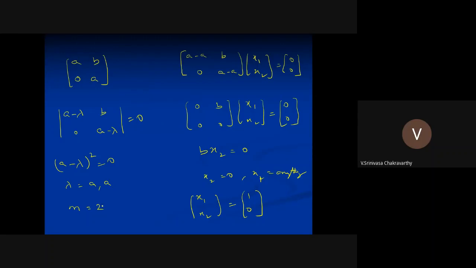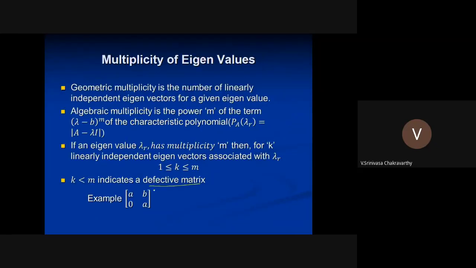So there are two eigenvalues of multiplicity 2, and the values are a and a, but there's only one eigenvector. There are cases where, for example, in a symmetric matrix, you always find n eigenvalues and also n eigenvectors. But for a general, non-symmetric matrix, you will always have n eigenvalues, but you may not have n eigenvectors. When you don't have the full set of eigenvectors, such a matrix is called a defective matrix.